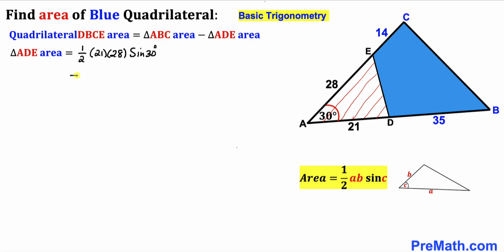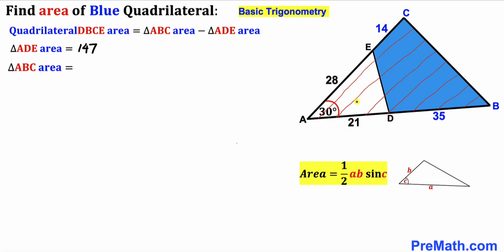This becomes 1 over 2 times 21 times 28 times 1 over 2. If we simplify everything on the right hand side, that gives us 147. So the area of triangle ADE turns out to be 147 square units.